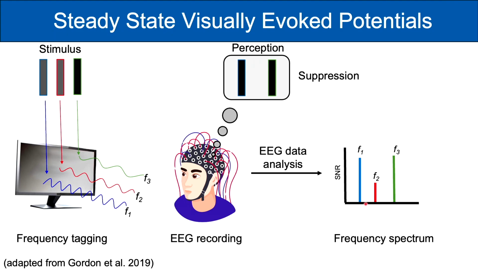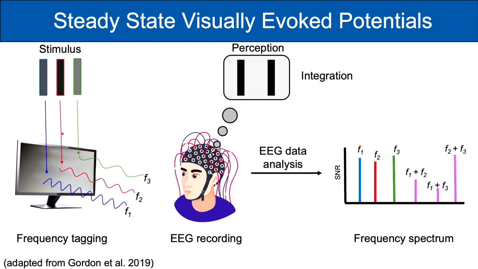Under the suppression hypothesis, however, the brain's response to the central item would be expected to be reduced. In the frequency spectrum, this would look like a reduced signal or missing peak for the frequency associated with the central item.